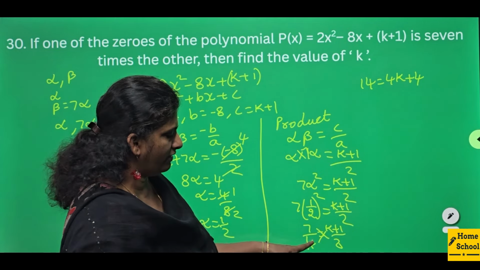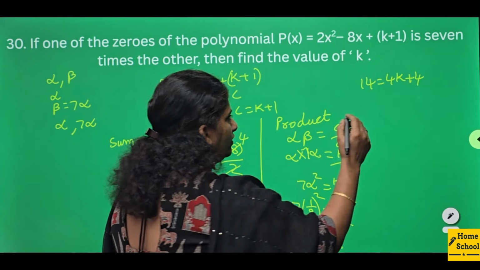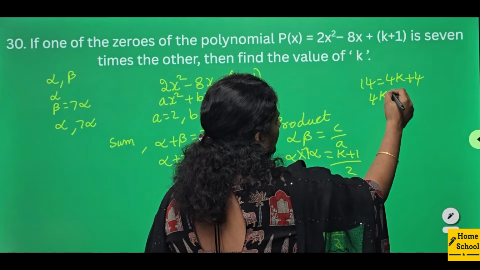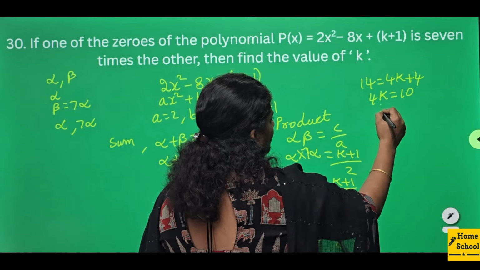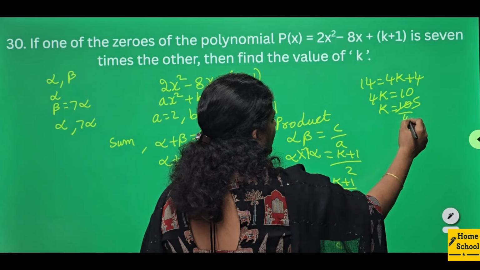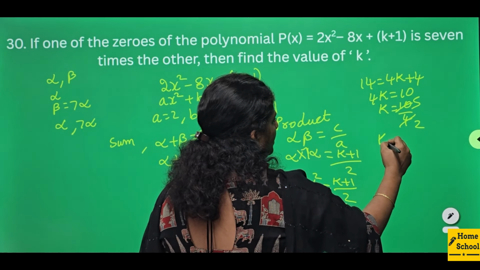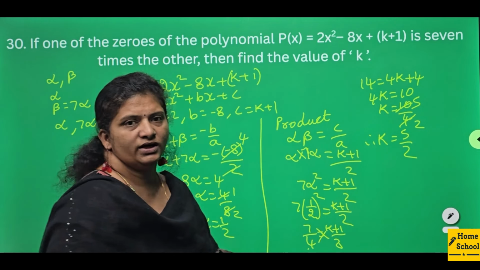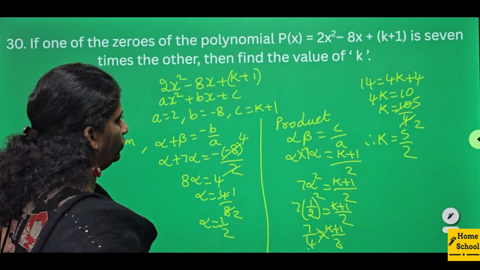If I multiply 4 into K, 4K plus 4. Then bring this 4 to this side. 4K is equal to 14 minus 4, that is 10. K is equal to 10 by 4. If we cancel, 2 5s are 10, 2 2s are 4. Therefore, what is your final K value? K is equal to 5 by 2.